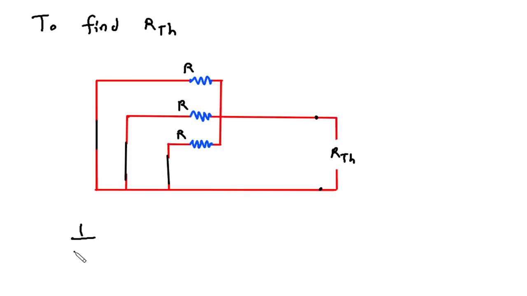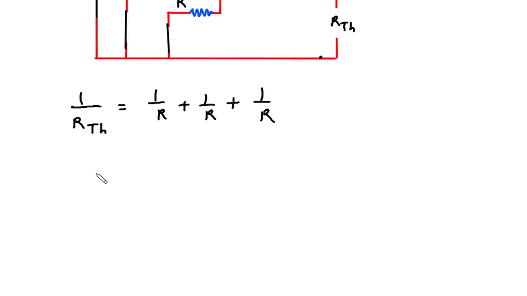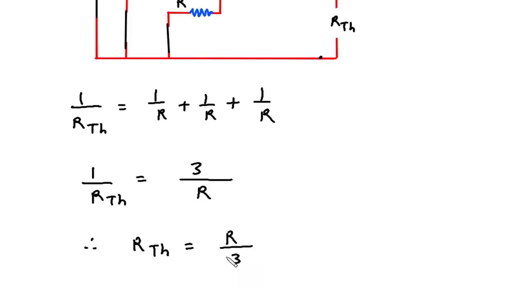So 1 upon RTH is equal to 1 by R plus 1 by R plus 1 by R. So 1 by RTH is equal to 3 by R. Therefore RTH is equal to R by 3. This is the value of RTH.